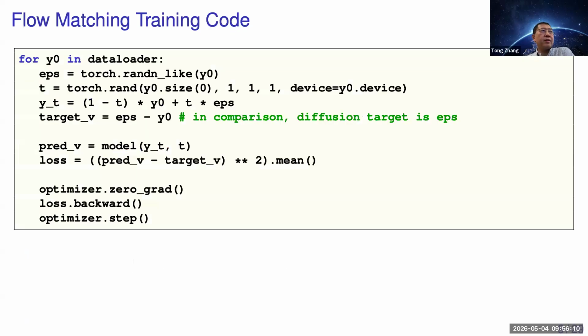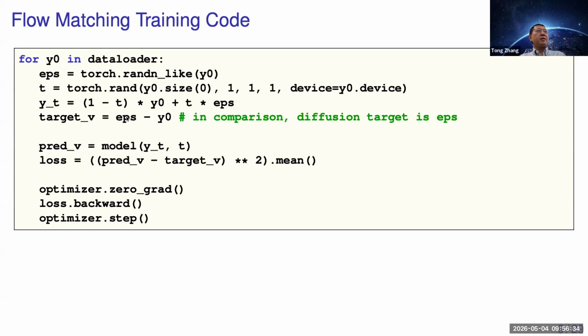And you have this code. The code is pretty simple, right? It's very similar to the diffusion model code. You're starting with noise, and this is a random generation of t, where t is 0 to 1. And yt is (1 minus t) times y0 plus t times this one. This is a linear scheduling.